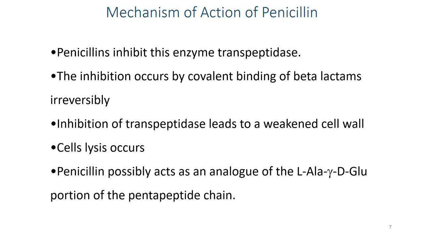Penicillin possibly acts as an analog of the alanine portion of the pentapeptide chain. However, the carboxylate group that is essential to penicillin activity is not present in this portion.